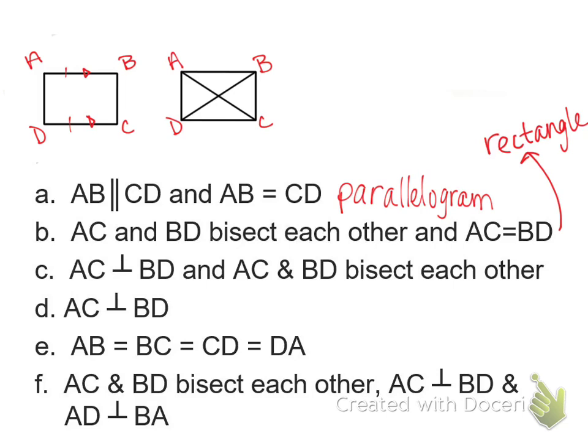We don't know that the diagonals are congruent to each other. So we know that they're perpendicular and they bisect each other. Bisecting each other makes it a parallelogram. Perpendicular to each other makes it a rhombus. But we don't know that they're necessarily congruent to each other because, remember, we kind of leave out what we knew from the step before. So a rhombus is as specific as we can get on letter C.